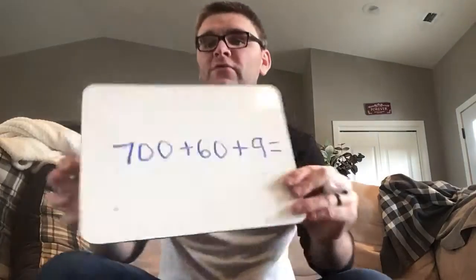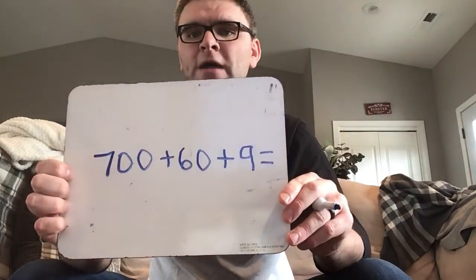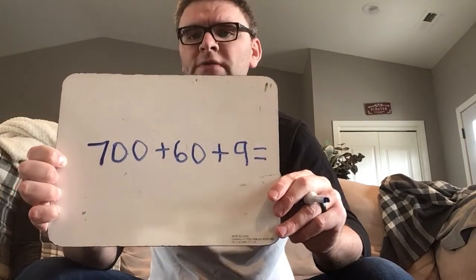Now you might get things written just the opposite way. It might say 700 plus 60 plus 9 equals, and they ask us to do a problem like that. Now, when we do something like that, it actually gets real easy.